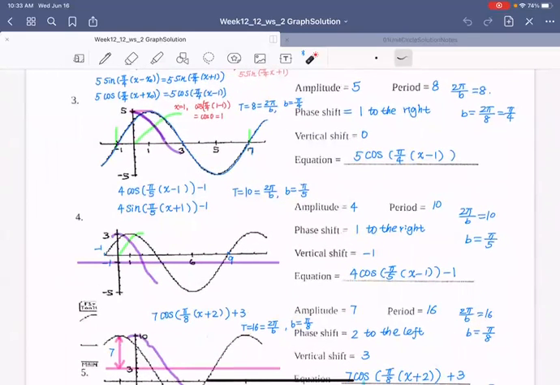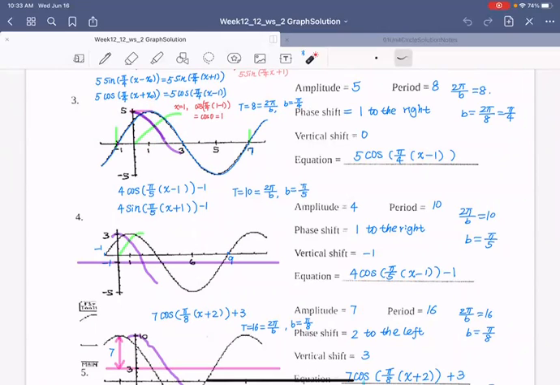And then after you have here, if you choose cosine, basically you are seeing here, your cosine, if you have a 0 phase shift, your graph is like this. Now your real graph starting here, that means you have a phase shift to the positive 1. That's why you have -1.